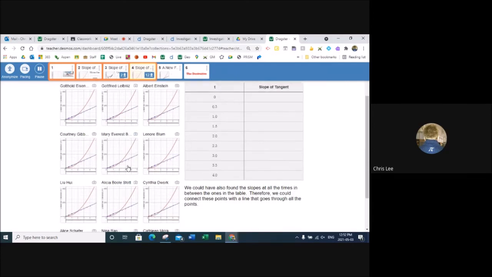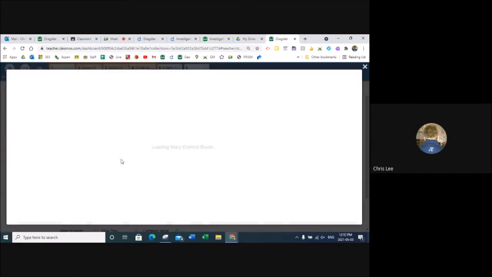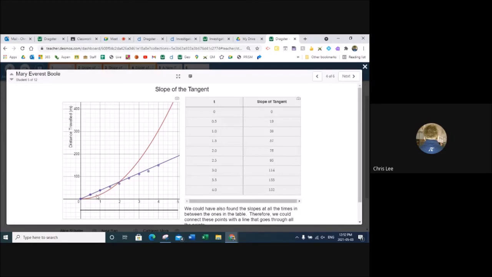Okay, so I'm on slide 4 now, and as I shuffle through, I see people have plotted all those points and saw that they do go in a straight line, which is very curious. If you graph all of the points of the slopes of the tangents, then it looks like they go in a straight line.